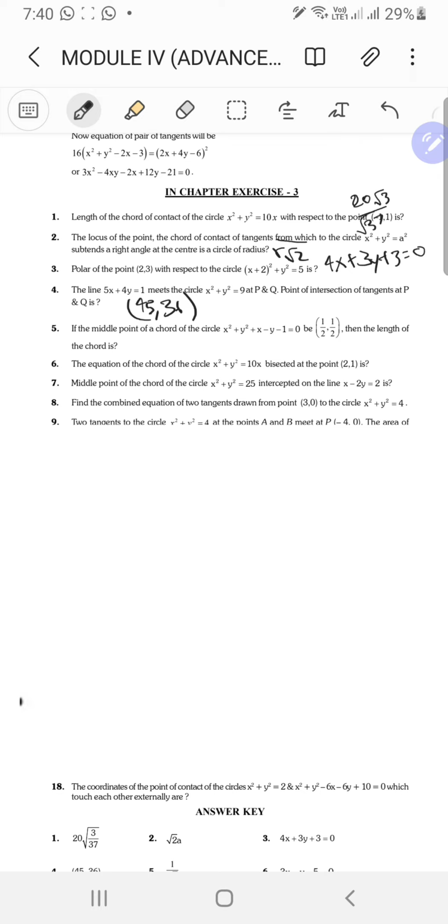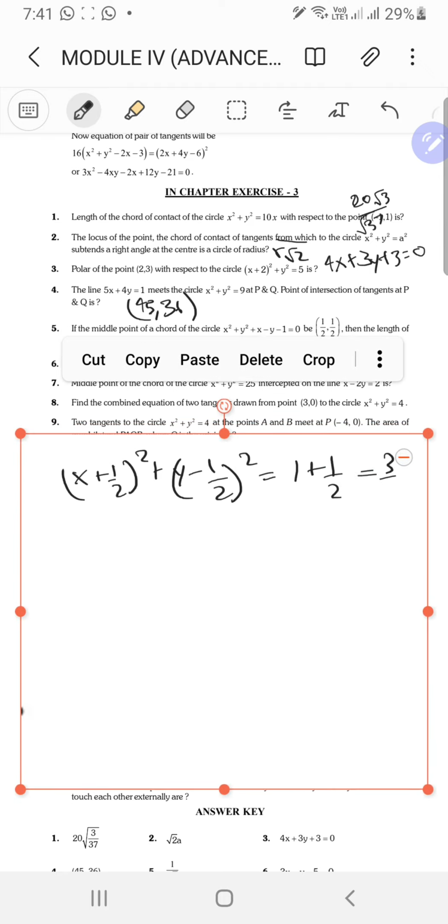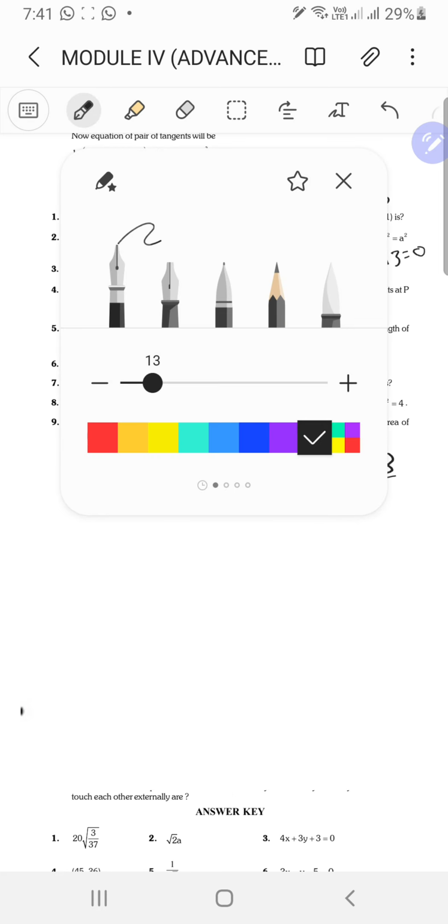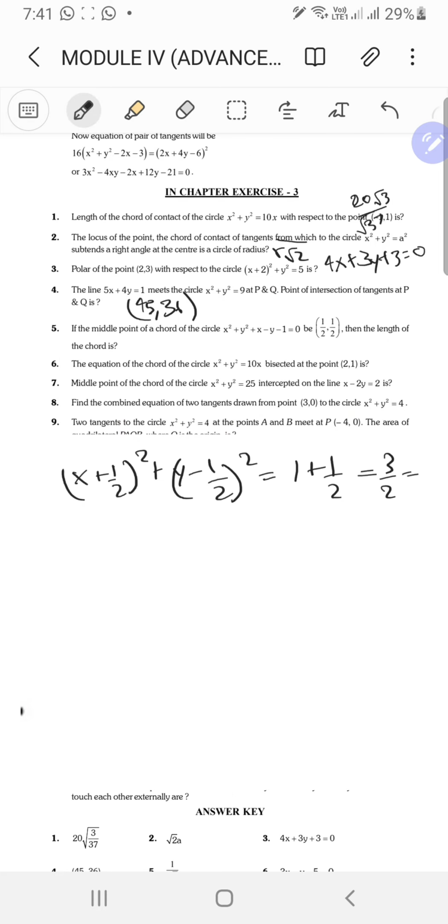Nothing big. So x plus 1 by 2 squared plus y minus 1 by 2 squared equal to 1 plus 1 by 4 plus 1 by 4, which is 3 by 2, which is also r squared.